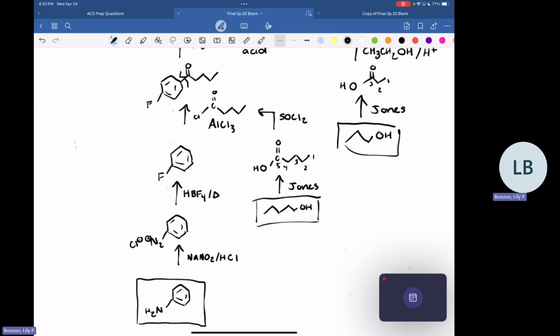That's what it shows on the key. So you will have to show the N2. You can just do N2 plus Cl minus. You don't have to show the triple bond, but you do have to show the intermediate step.